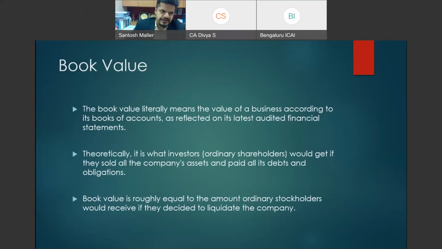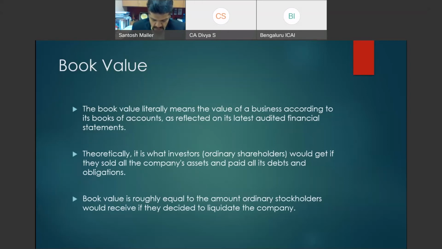So this is the traditional way of doing valuation, where we were not looking at the future cash flows or the future prospects of the company, but we were assuming that whatever book value is there as of today will be what the shareholders will fetch.